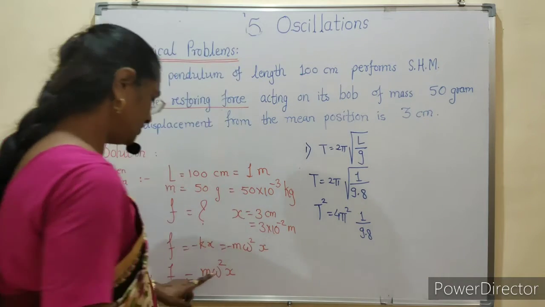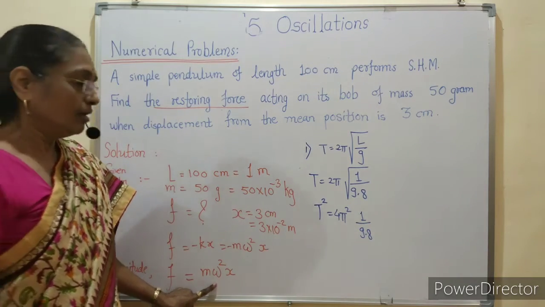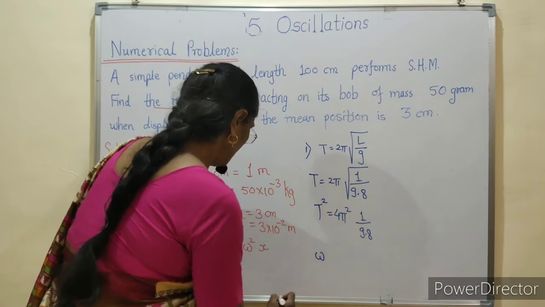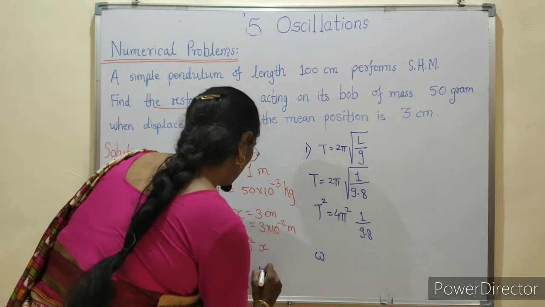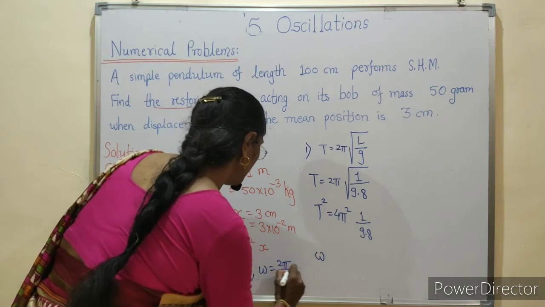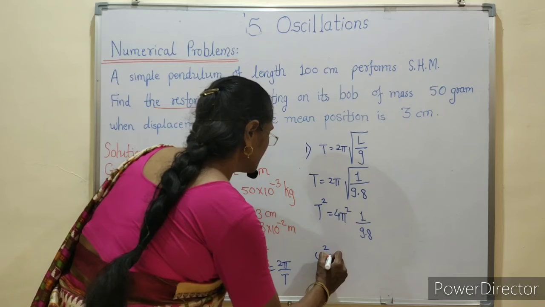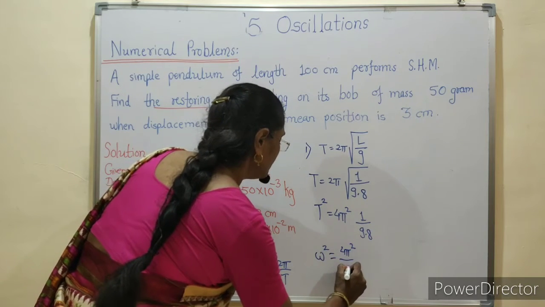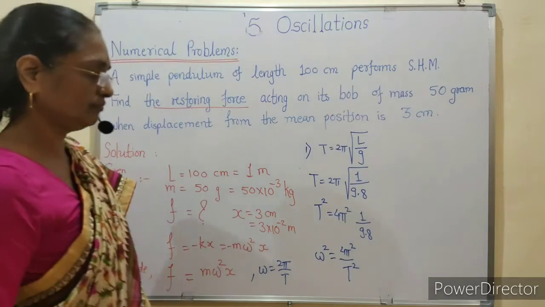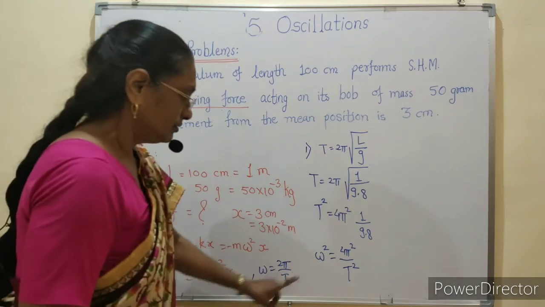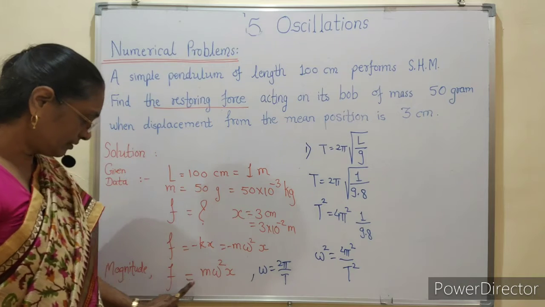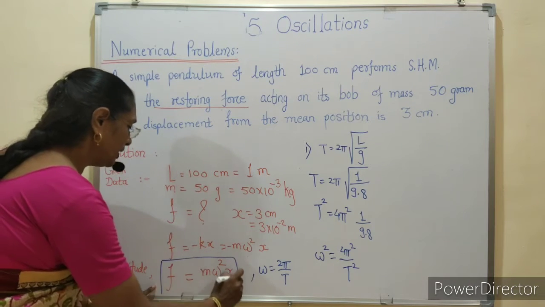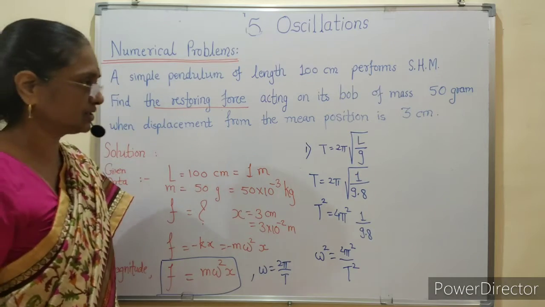So that we can write for omega square, because we know omega is equal to twice pi upon T. Therefore omega square is equal to 4 pi square upon T square. So once we know omega square, we can substitute in this equation, F is equal to M omega square X.